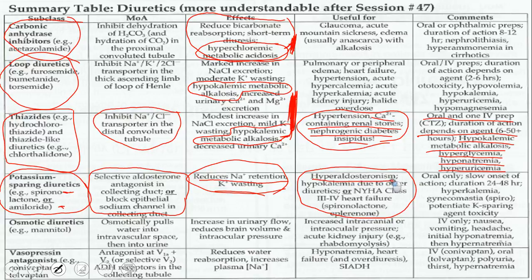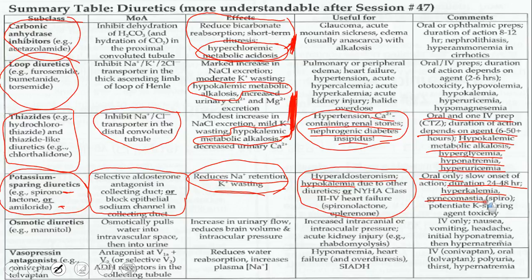So, hopefully I didn't word that wrong. Hyperaldosteronism means they have too much aldosterone, and so this can get rid of their aldosterone. Also useful in hypokalemia. Yep, good stuff. And oral only, slow onset of action. So that's probably important notes there. Duration 24 to 48 hours.